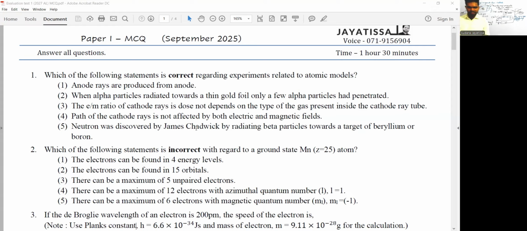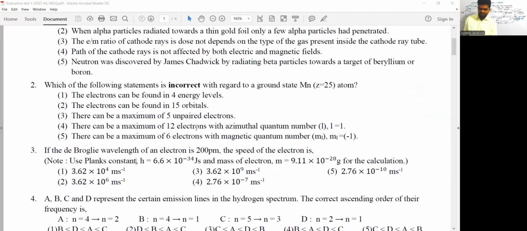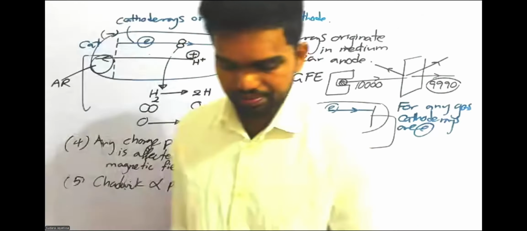Then the second question: which of the following statements is incorrect with regard to the ground state manganese atom? There are 5 statements given, about the manganese atom.